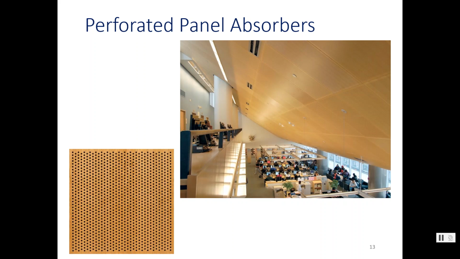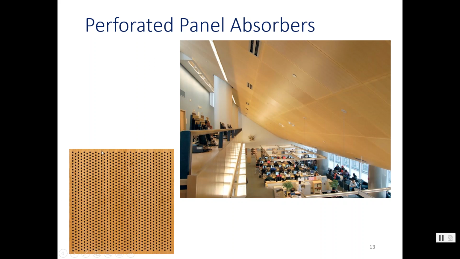And the main mechanism of producing the absorption is the Helmholtz. There'll be some liner in the back that has a similar effect as what we saw on the other slide, just increasing the amount of absorption. But a lot of the effect is Helmholtz.